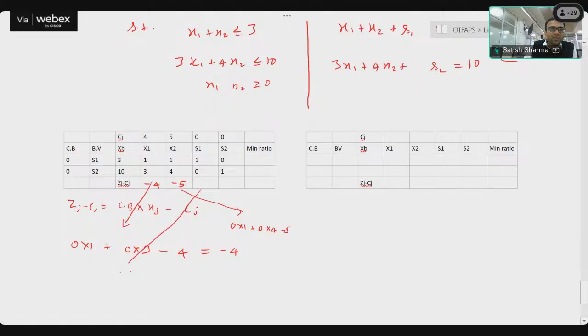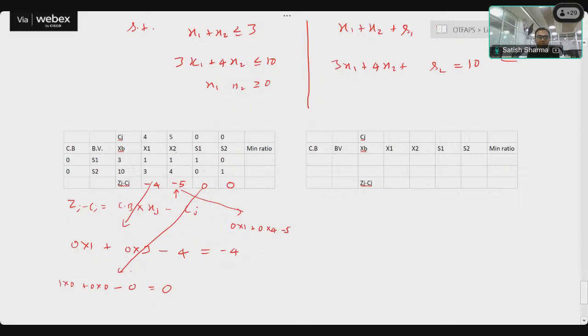And then the third part is again 1 multiplied with 0 plus 0 multiplied with 0 and minus coefficient Cj. So that is also 0. And similarly, this part will also be 0. Now we have to look at the minimum of all the Zj minus Cj.